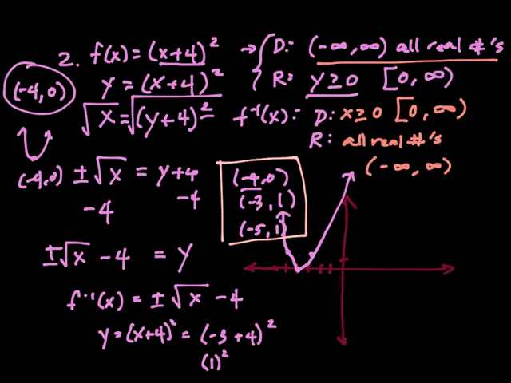And for our function, what we're going to do is take the inverse of those and then plot our inverse. So we have 0, negative 4, 1, negative 3, and 1, negative 5. Okay, so we have 0, 1, 2, 3, 4.